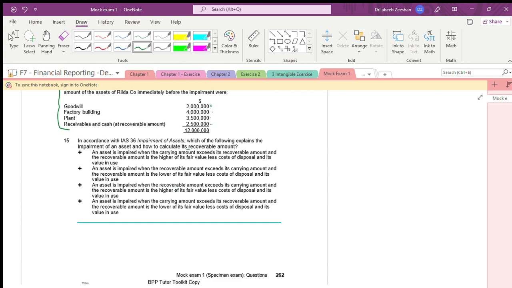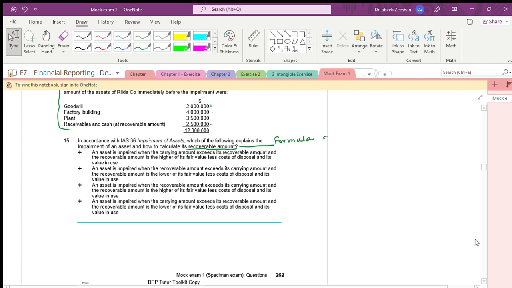to calculate its recoverable amount. They are asking you the formula, as simple as that. An asset is impaired when the carrying amount exceeds the recoverable amount.